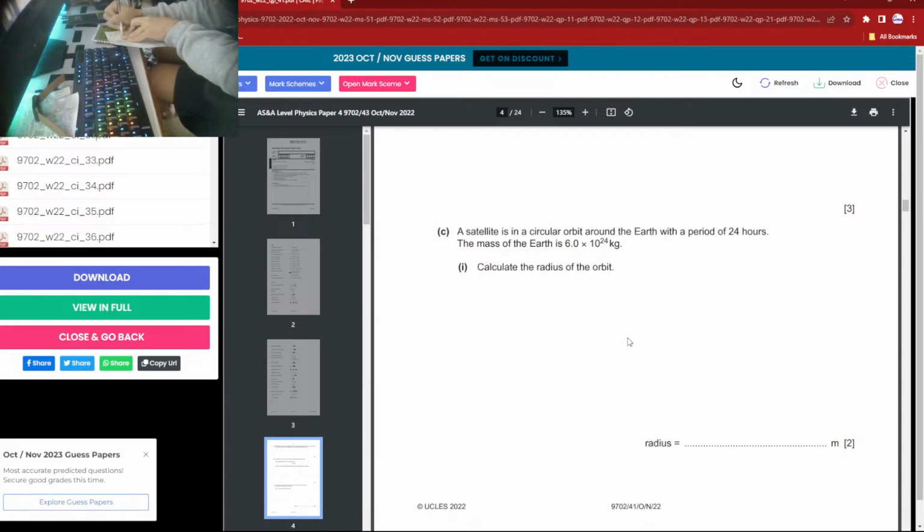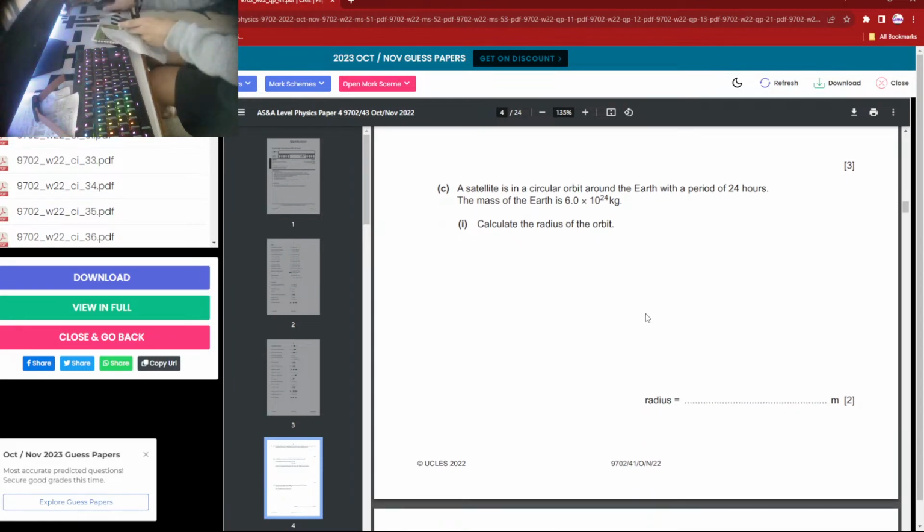You square root the whole thing. That gives you 6.4 times 10 to the power of 6 meters. Okay, next one.